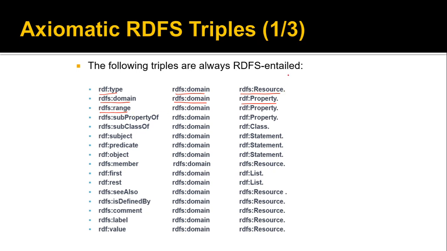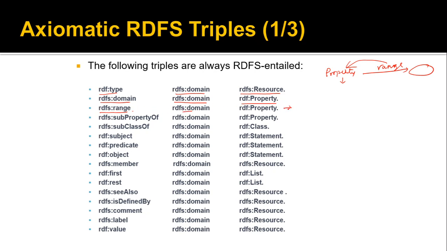Again, I can say that a property can have a range. So a property will have a range to be something. So what is the domain of range? The domain of range is a property. So that's what we have written.